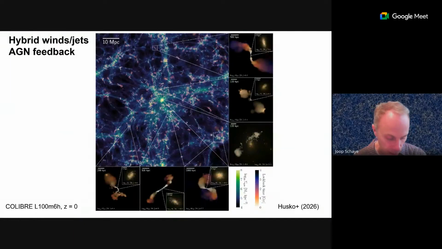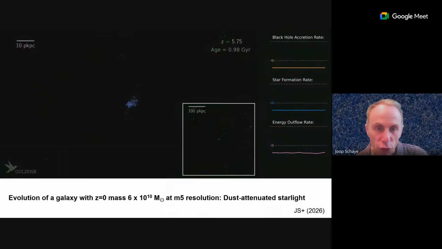I'm going to skip this one too, because I'm going to show a video now. Now, I think what I should do, because I tested this, is go out of the PowerPoint and share instead another window, because in PowerPoint this video doesn't play so well. So I'm going to stop the sharing and share another window.